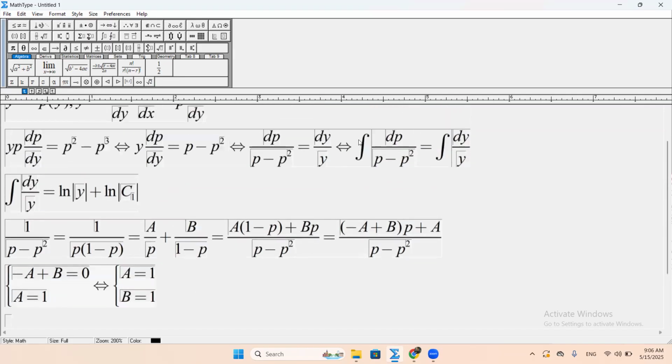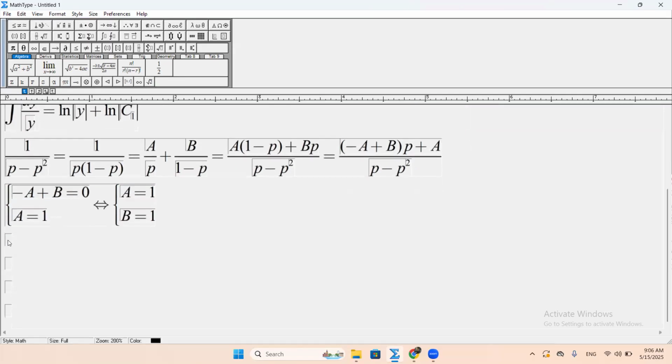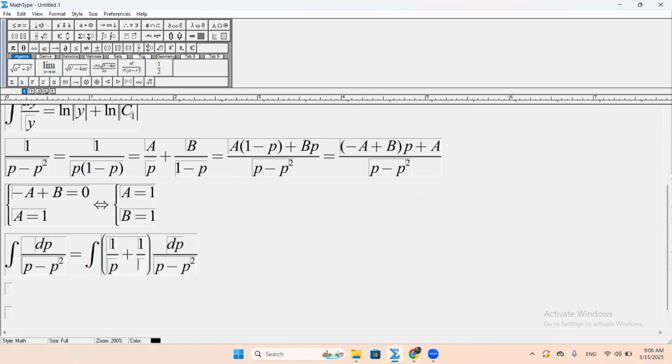So the integral will be the following. So 1 over p plus 1 over 1 minus p dp, and it will be equal logarithm of module p minus logarithm of module 1 minus p.